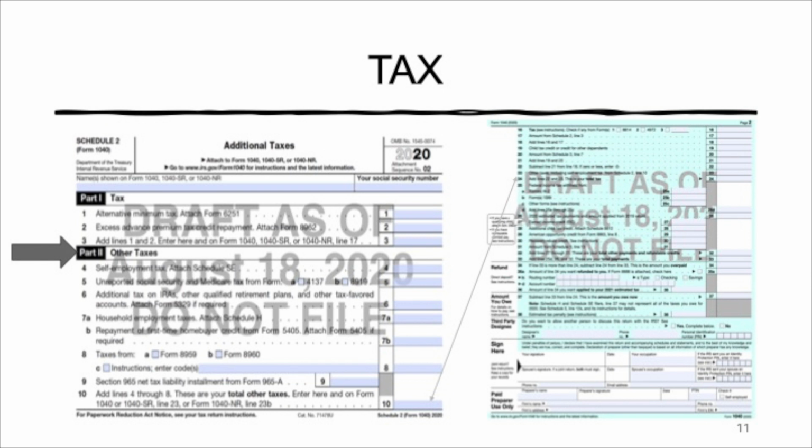Line 7B represents the repayment of first-time homebuyers credit from the Form 5405. This tax issue occurred in the tax years of 2009 or 2010. Taxpayers who purchased a home for the very first time in those years were allowed to receive a credit or a refund of up to $8,000 from the IRS.